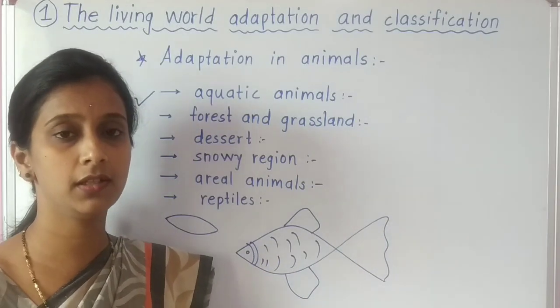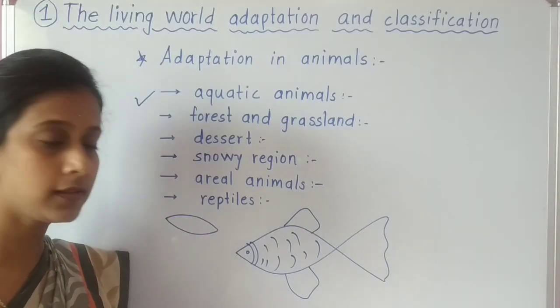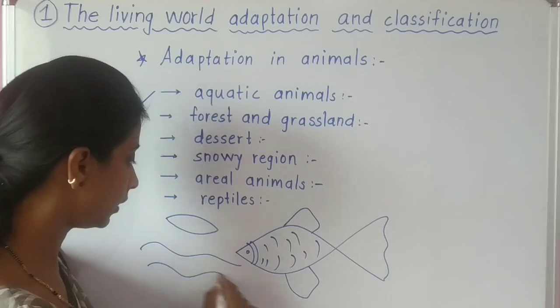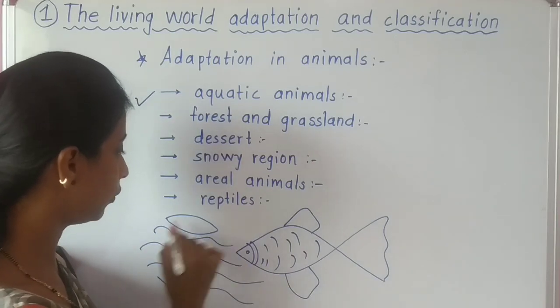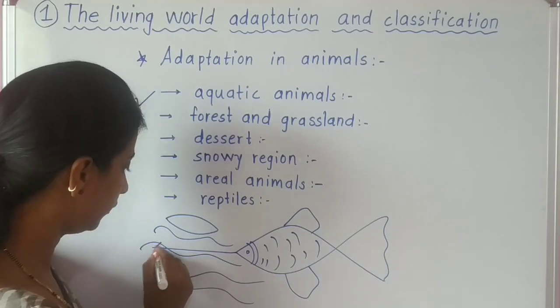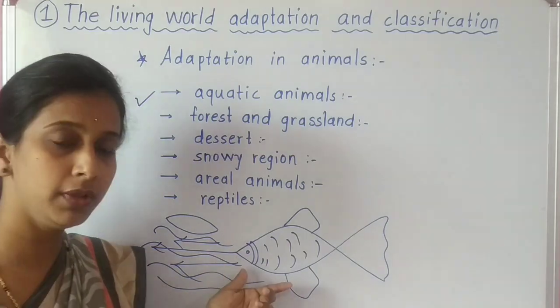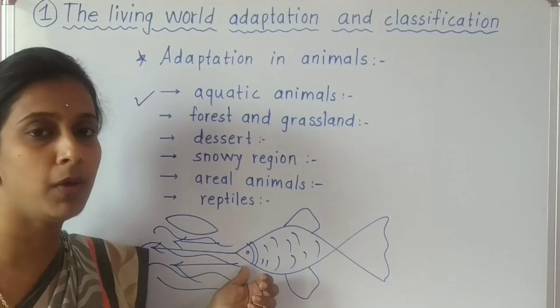Why do they have a spindle shape? Because it helps to divide the flow of water. As these fishes live in water, they swim and move in water, and to divide the flow of water, they have a spindle-shaped body, and mainly they are tapering at their mouth side.